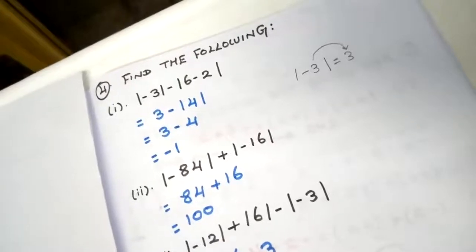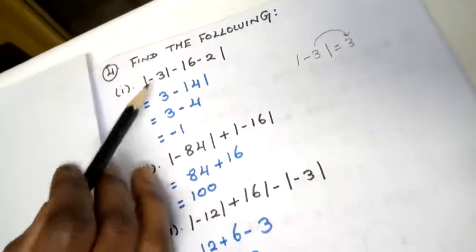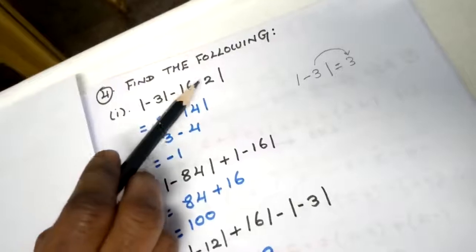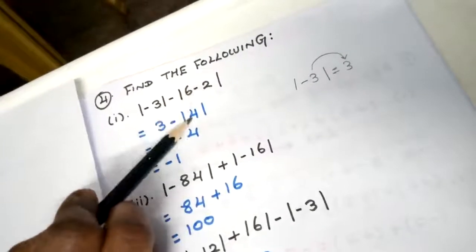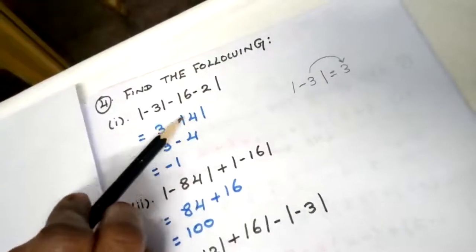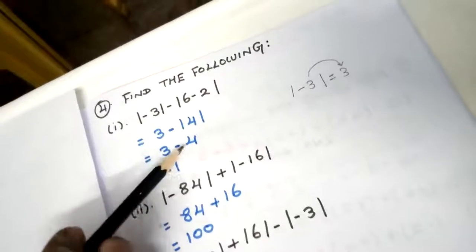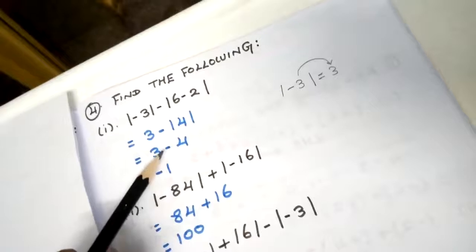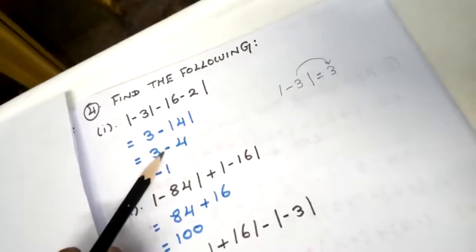So from this absolute value of minus 3, I write 3, and the minus sign is outside. Absolute value of 6 minus 2 means 6 minus 2, that is 4. Absolute value of 4 is nothing but 4. 3 minus 4, you get the value as minus 1. This negative sign is outside the absolute value.